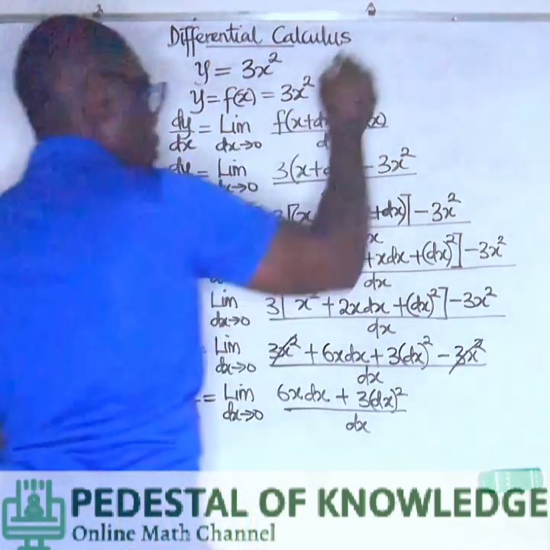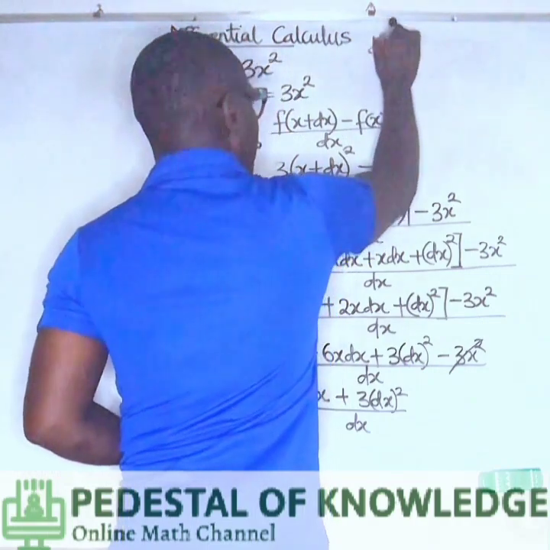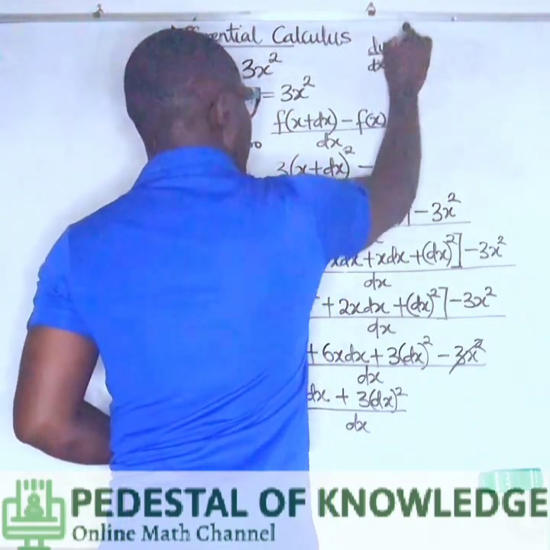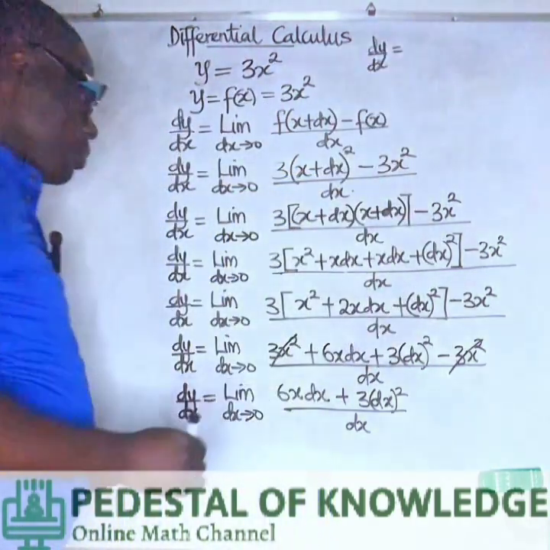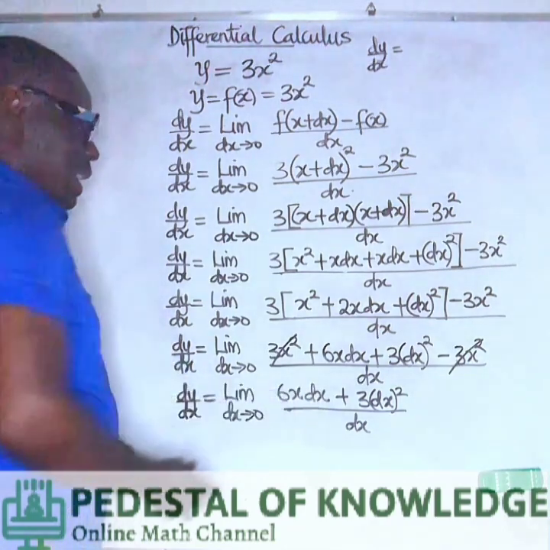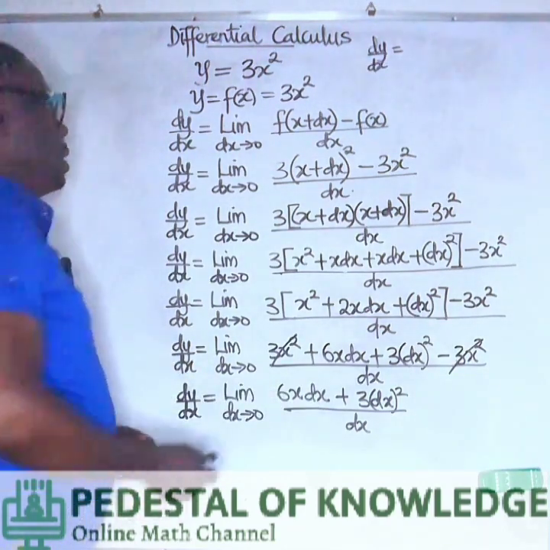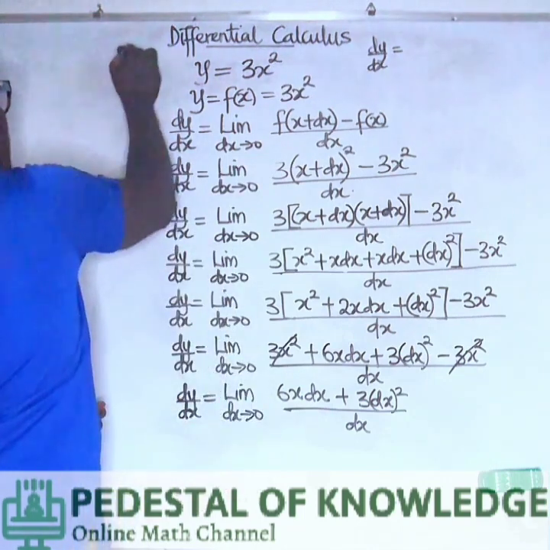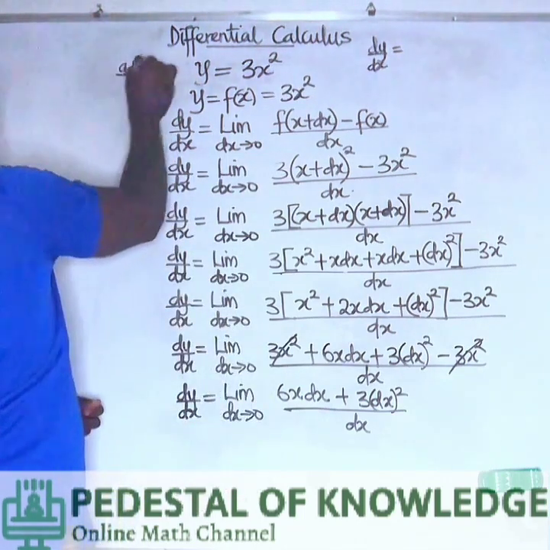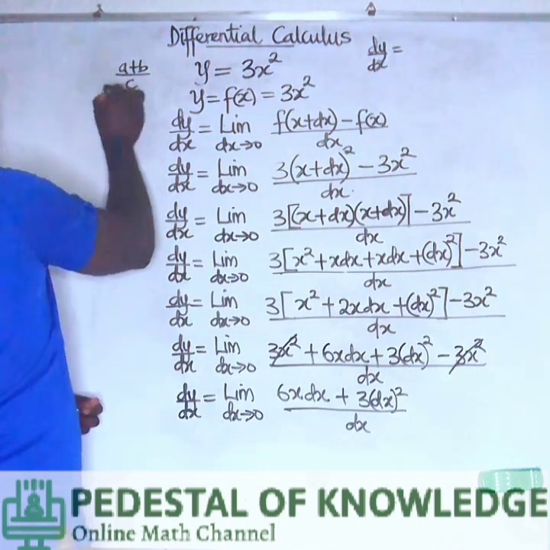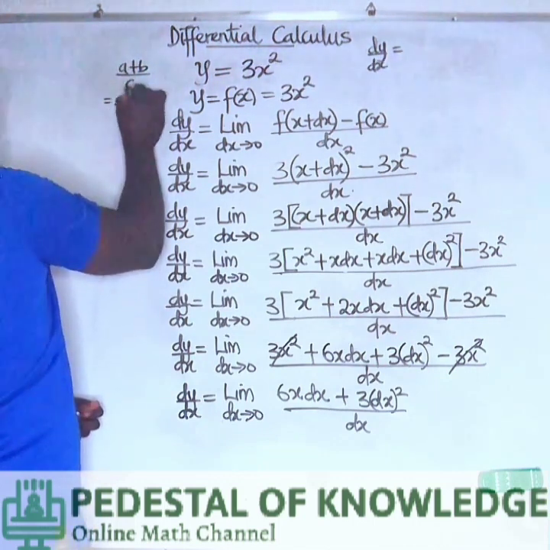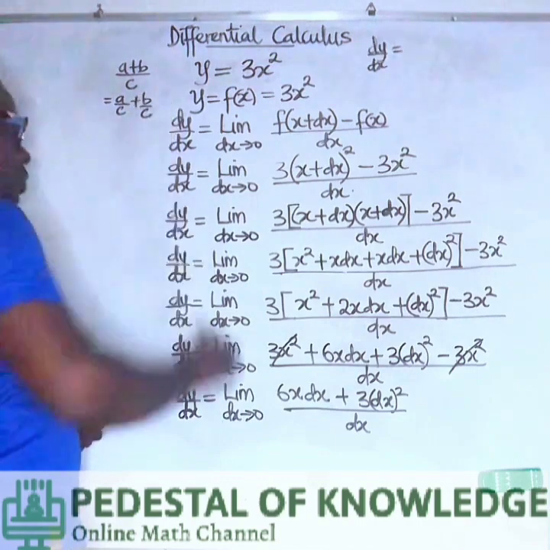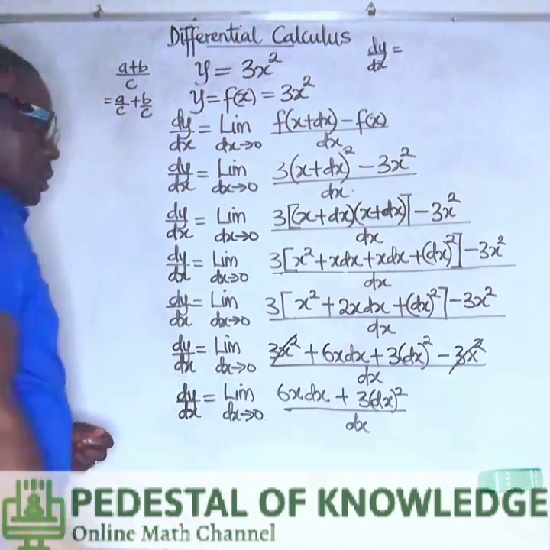Now, dy/dx is equal to, here we are going to carry out the distributive law of division. Remember that the distributive law of division states that (a plus b) divided by c is the same thing as a over c plus b over c. So that's what we are going to apply here.